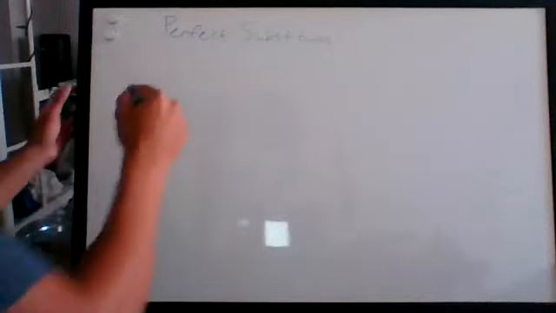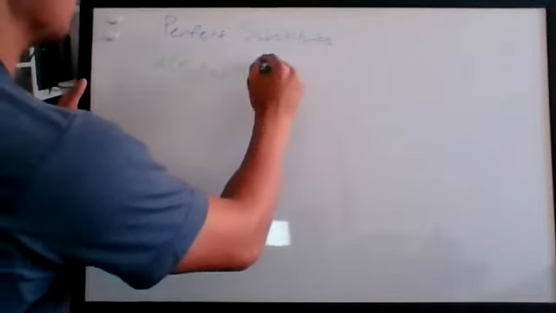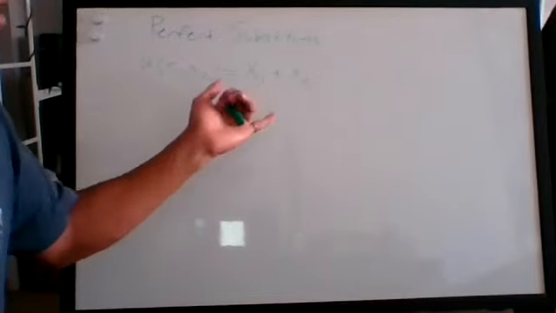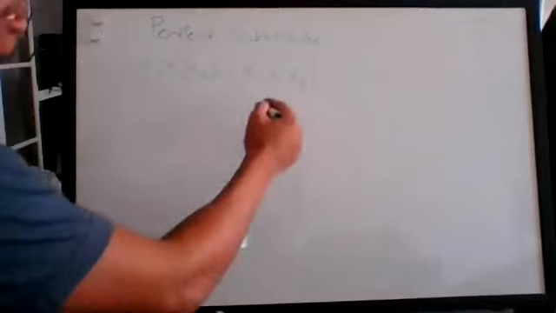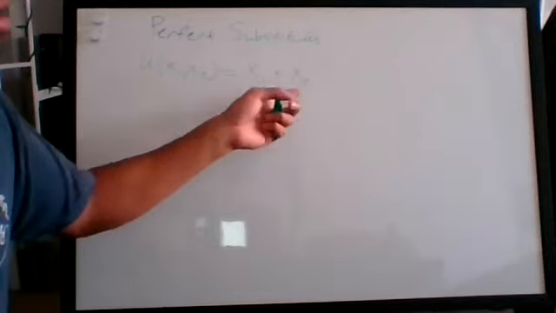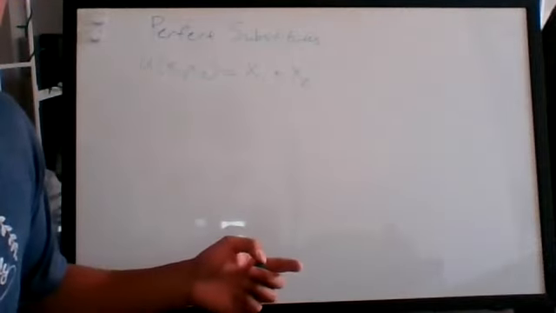Typically, you'll see a perfect substitutes utility looking something like x1 plus x2. In this case, if I were to find the MRS, it would just be 1, meaning that I prefer each of these equally. If I were to exchange 1 x1, I would be perfectly content with getting 1 x2 back.